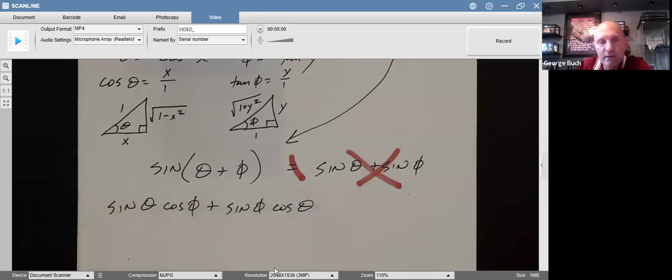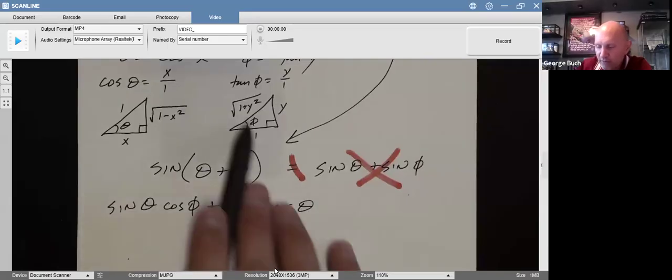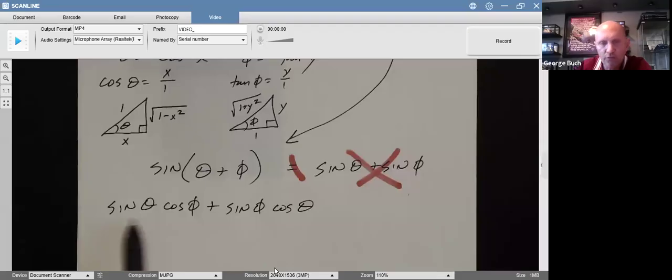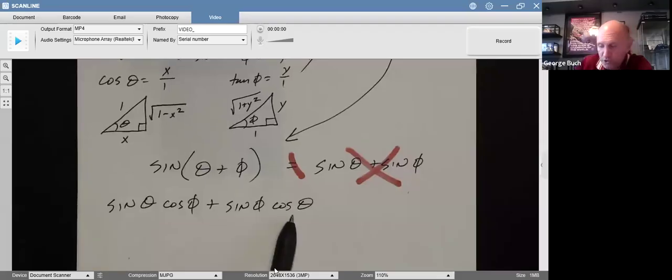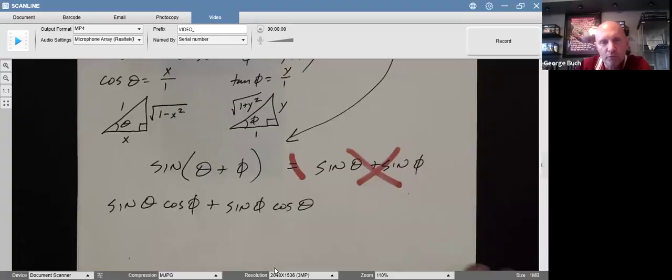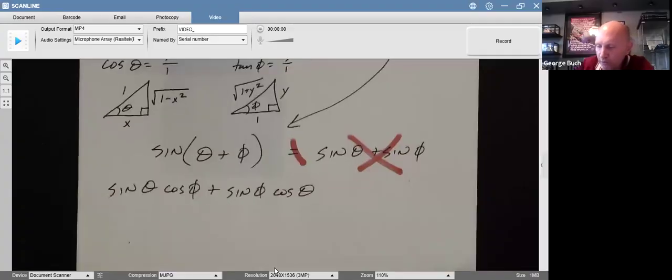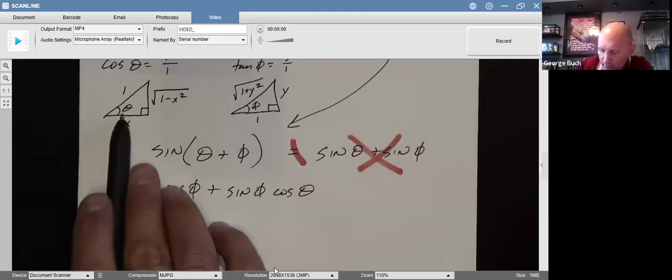And now you see why we need different variables. Because if I called everything theta, I'd have sine of theta, cosine theta, sine of theta, cosine theta. And I don't know which is this talking about, the first theta or the second? I'm not sure. So that's why you have to rename them different variables. Now go to your triangles to figure these pieces out. Sine of theta, so use the theta triangle, opposite over hypotenuse.